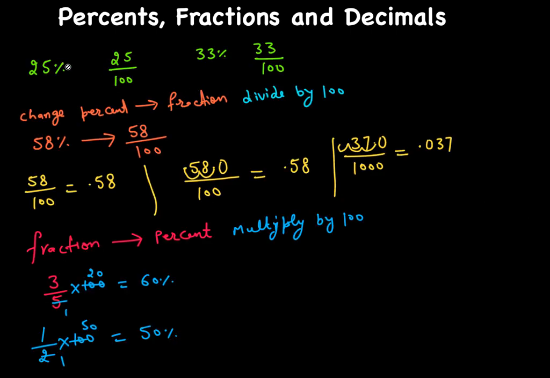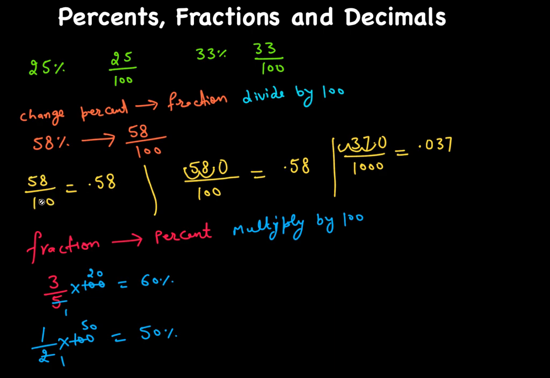All right, let me do the review one more time. Percent is basically percentage, where you divide by 100 and it turns into a fraction. Percent means out of 100; cent means 100. When you're converting percent to fraction, you just divide by 100, and when you're converting fraction to decimal, just divide.